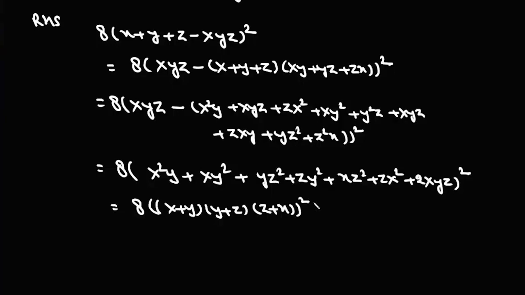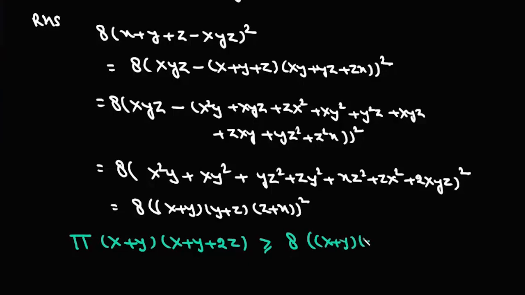So basically, rather than proving the given expression, we'll prove that this product x plus y into x plus y plus 2z, it is greater than or equal to 8 times x plus y, y plus z, z plus x whole square.